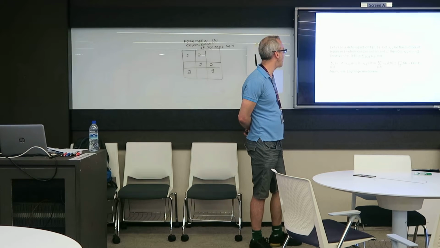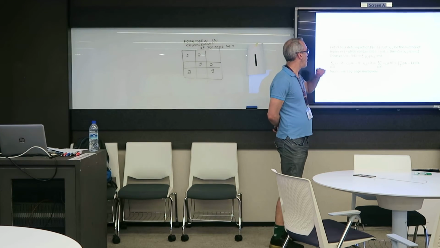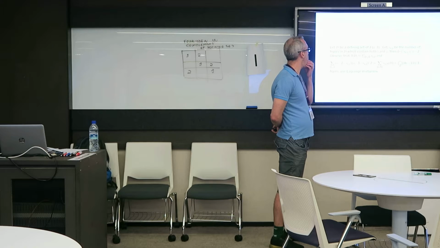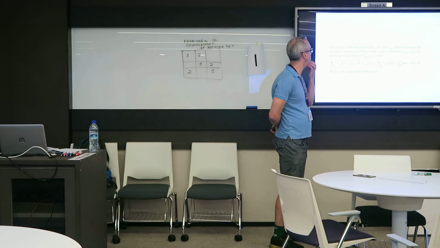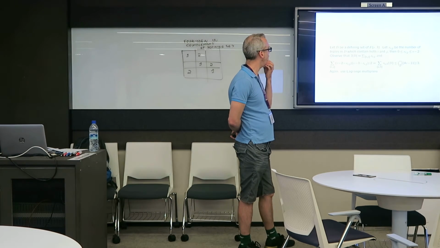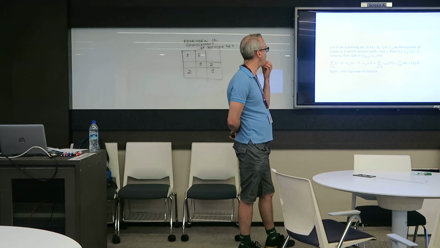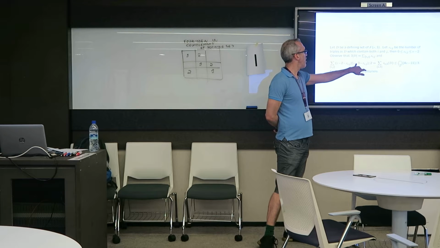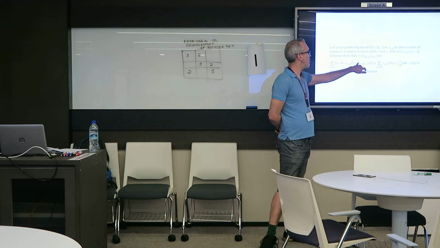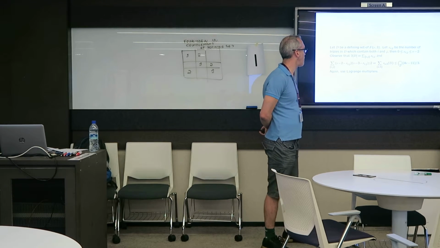So we're looking at the non-occurrence of pairs, which is why we subtract here.